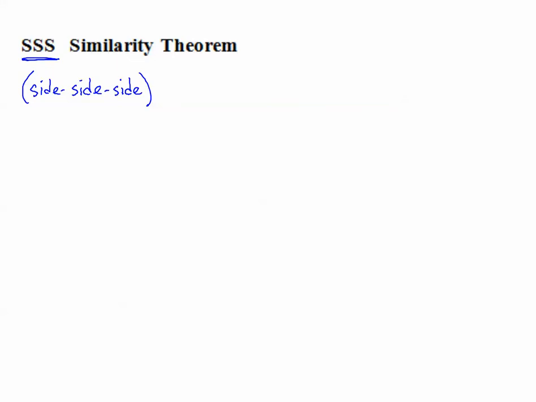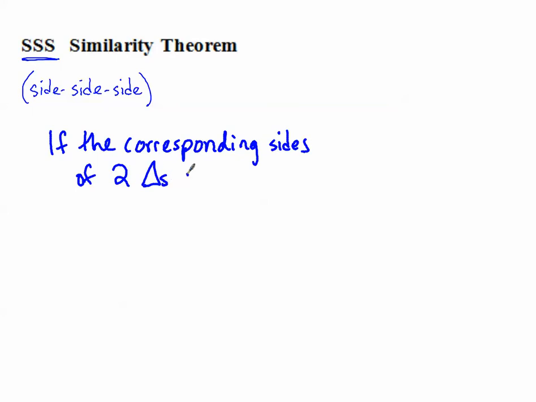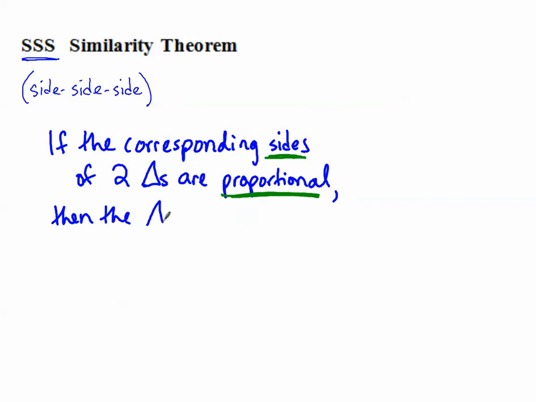So again, this says to us if the corresponding sides of two triangles are proportional, remember we want sides to be proportional, then the triangles are similar.